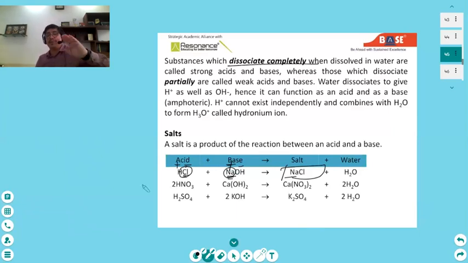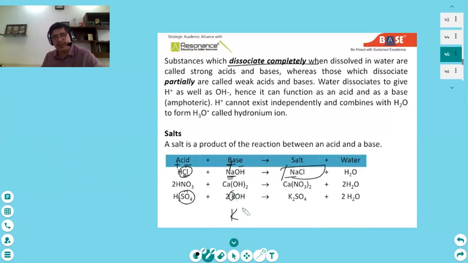And I told you in the previous lecture about acid and basic radical, so please relate that also. For example, in H2SO4, you have 2H plus, and here you have KOH. So you have H2SO4, so the acid part SO4 will come into play, and the base part K will come into play.